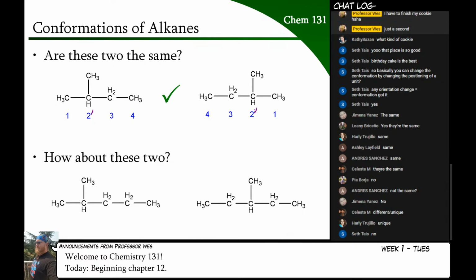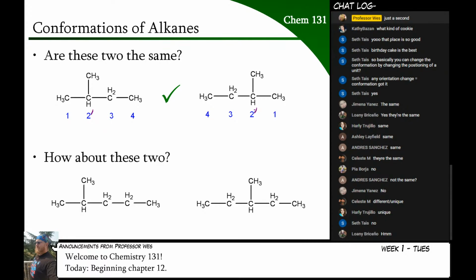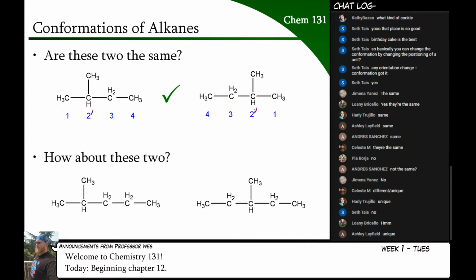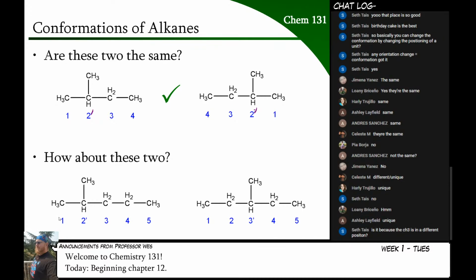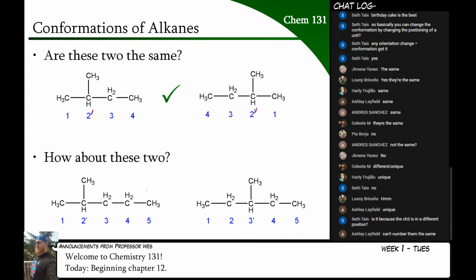Now, how do you know? How do you know that they're unique other than just like, oh, they look sort of different? The answer is you would number the carbons however you wanted to. So I'm going to number them like this. And it is because of that, yes, because the CH3 is in a different spot. I'm going to take the pen and I'm going to number each one backwards, because our orientation doesn't matter.